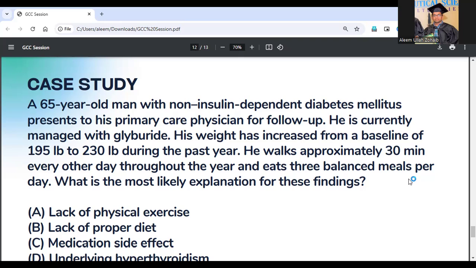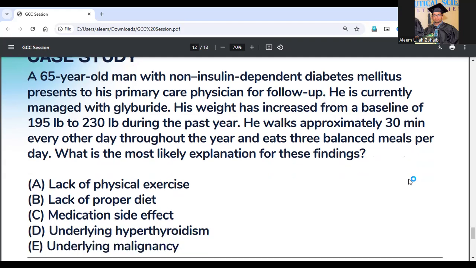He walks approximately 30 minutes every other day throughout the year and eats 3 balanced meals per day. What is the most likely explanation of these findings? Lack of physical exercise, lack of proper diet, medication side effect, underlying hyperthyroidism, or underlying malignancy.